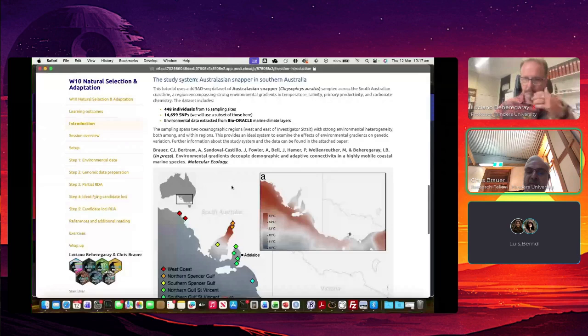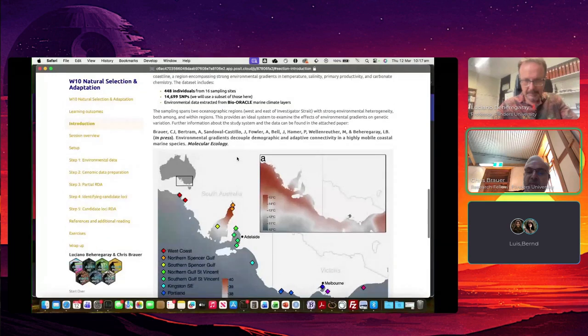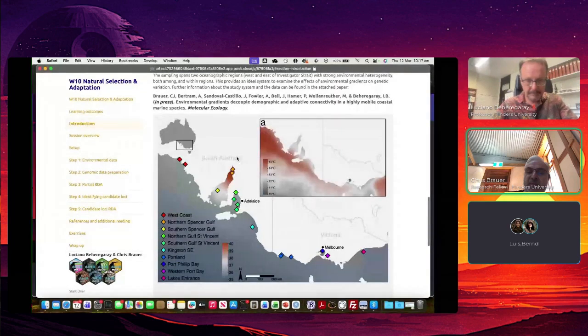And so in the paper, we had about 450 individual samples from the 16 different locations that are on the map here. They're then color coded into 10 broadly regional populations.